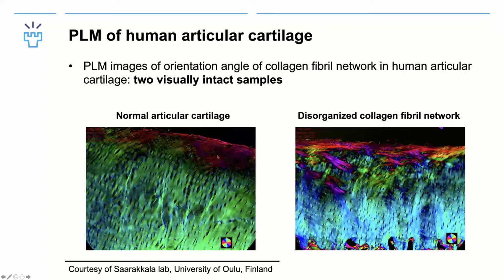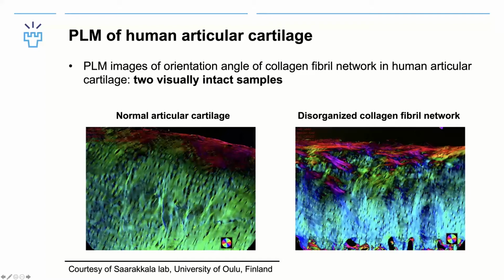Here on the left sample, we see the collagen network. These colors describe the orientation of the collagen network, and it is color coded according to this circle. Here we see some pink and red colors at the surface. Pink and red is oriented according to this circle, so it is oriented like this.